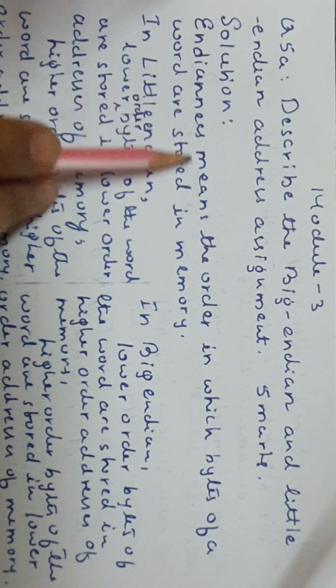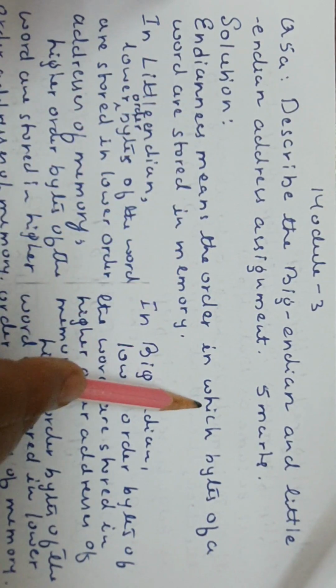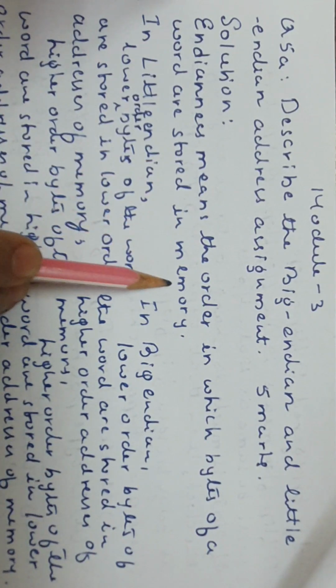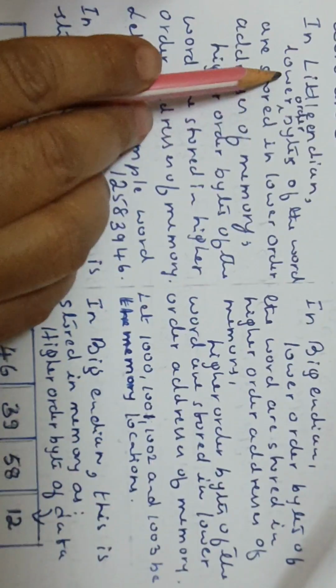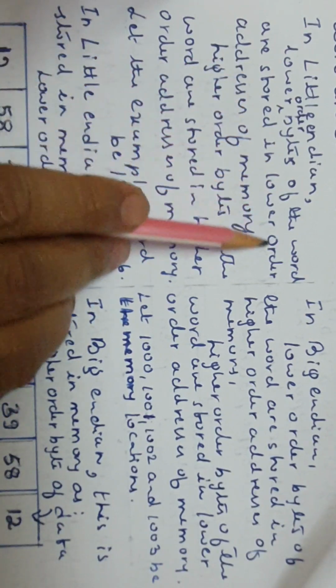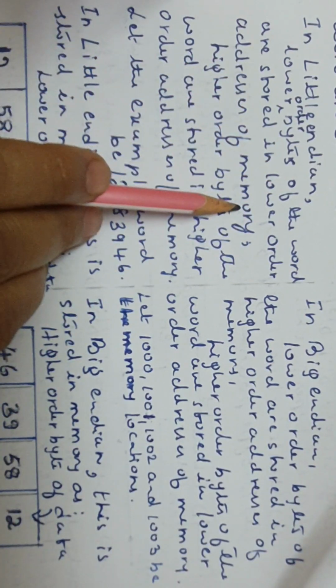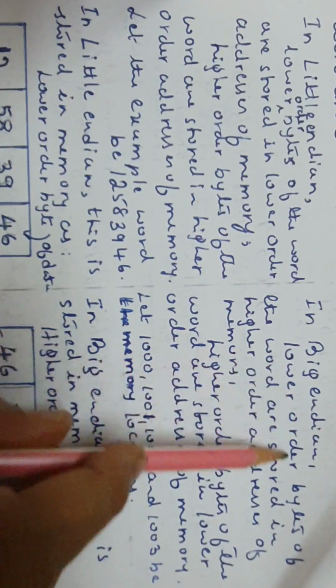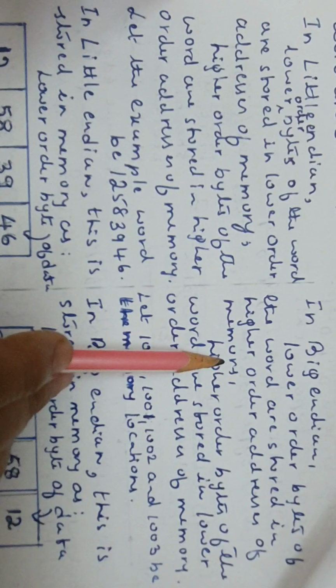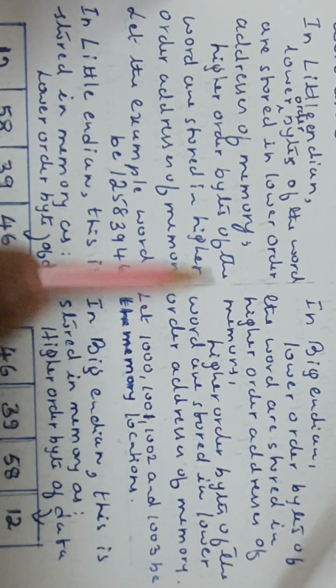Solution. Endianness means the order in which bytes of a word are stored in memory. In little-endian, lower order bytes of the word are stored in lower order addresses of memory. In big-endian, lower order bytes of the word are stored in higher order addresses of the memory.